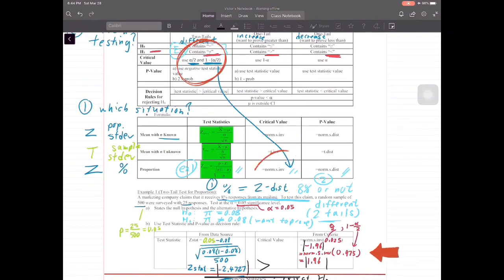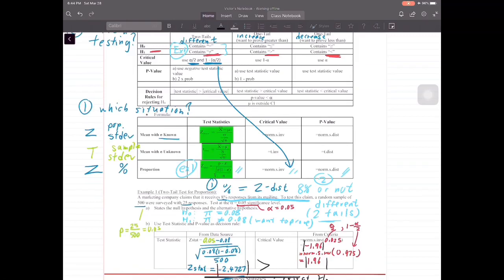And again, that's why we need to ask the two right questions in the beginning: which situation you're in, so that we can use the correct formula for test statistics, critical value, and p-value. And the second question is which testings we're dealing with, so that we can use the right value and the right steps for the critical value and the p-value.